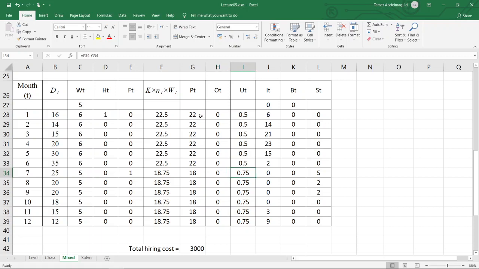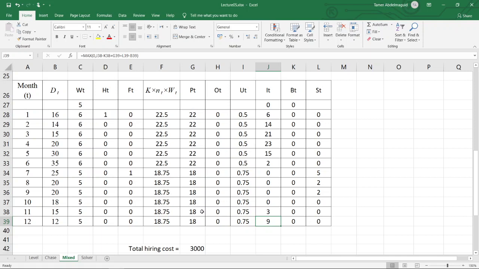So we will also have some undertime, some inventory, and actually we would need to subcontract some quantities. Again, we have subcontracted here 9 units, and the 9 units will go back here at the end of the planning horizon.